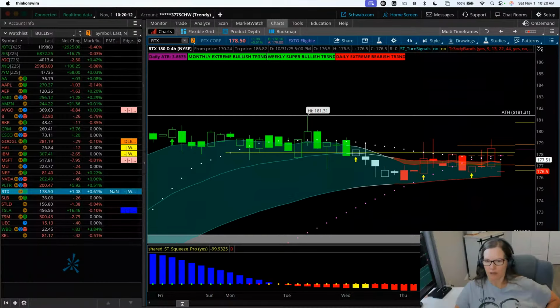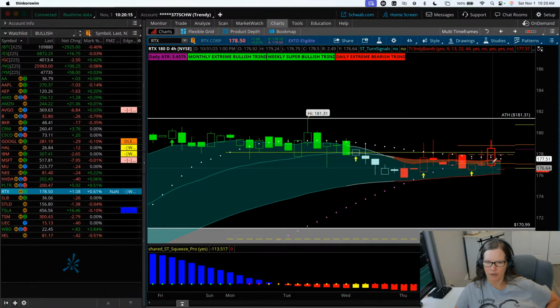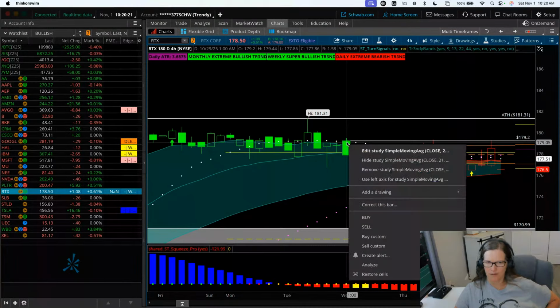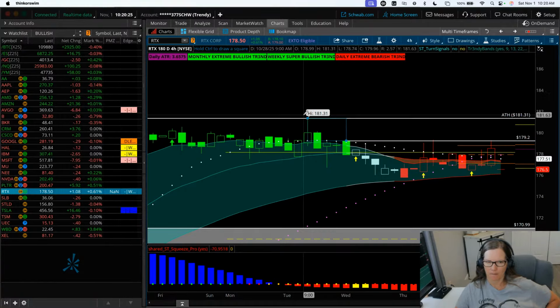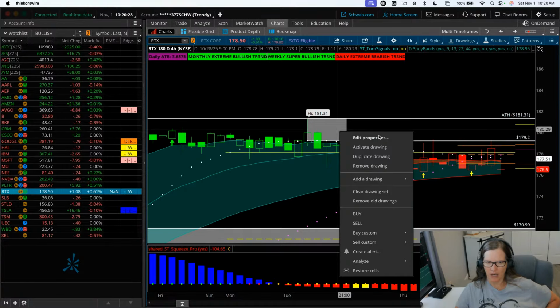And in the event we get a pullback to this level, you obviously have resistance. Here's your inside and down. Okay, I'll go up to that high.